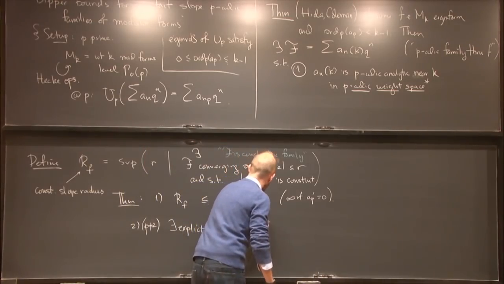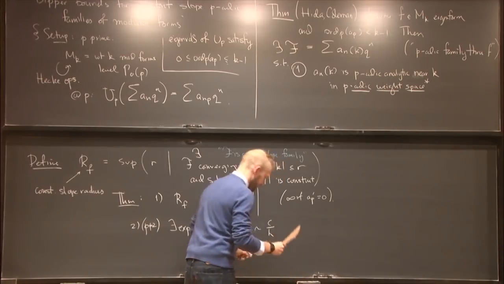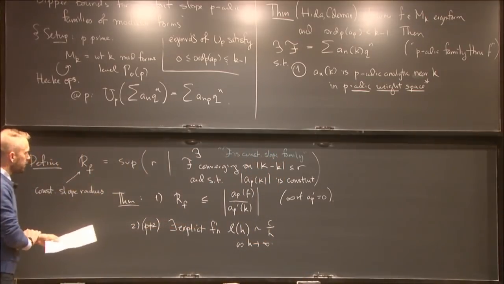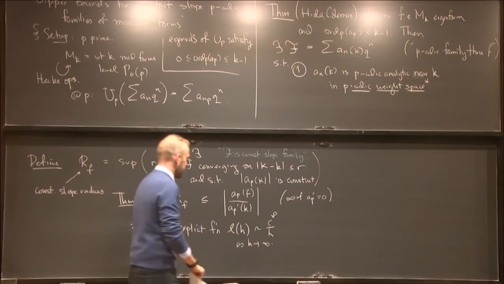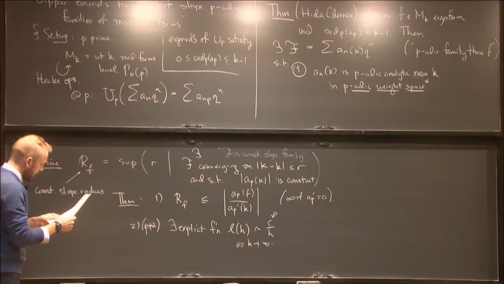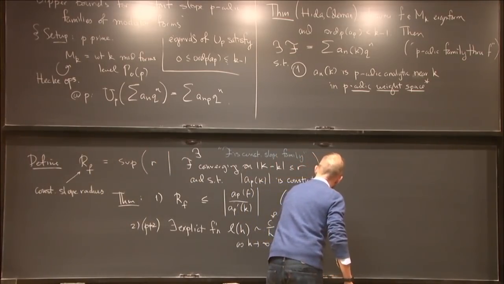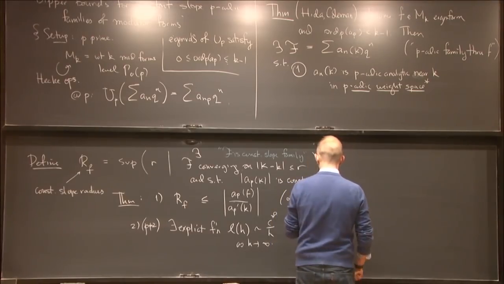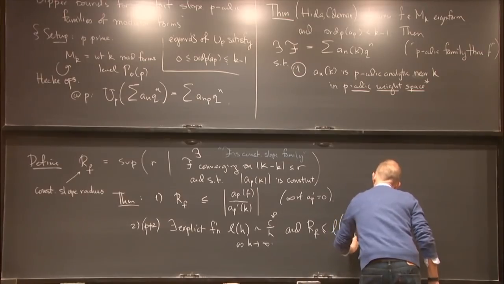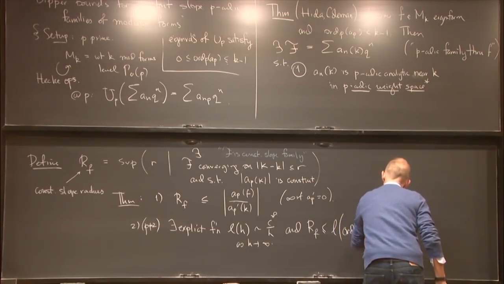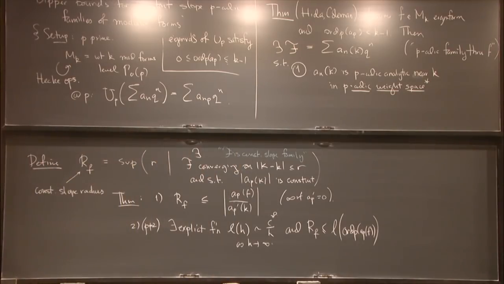But it grows like c over h as h goes to infinity, and the ratio goes to 1, where c is not 0. Okay, so it's basically asymptotic to 1 over h. And the constant slope radius is no larger than the value of this function on the P-adic order of AP. Okay.